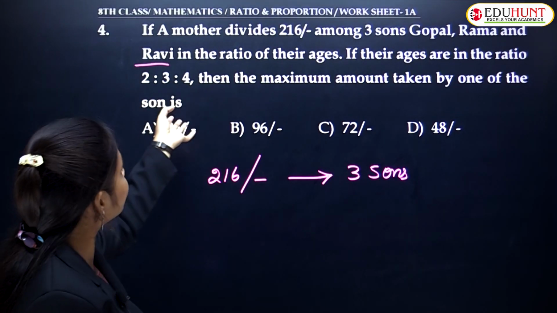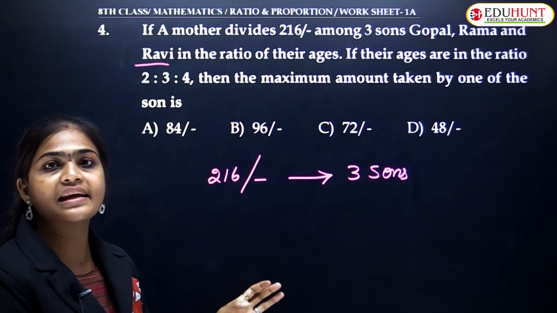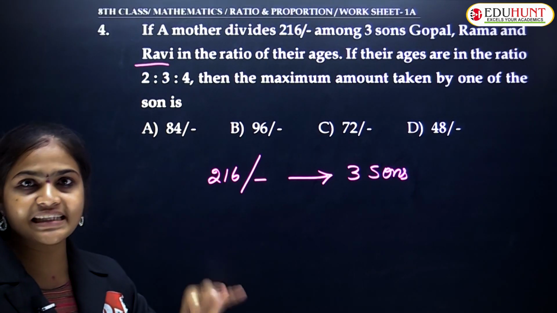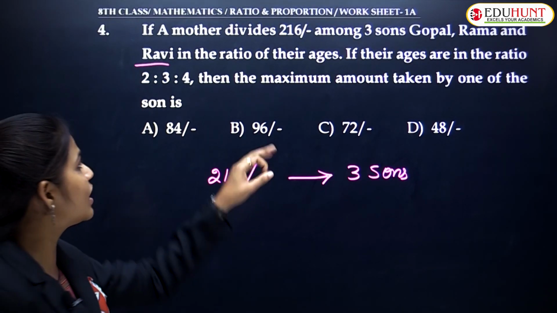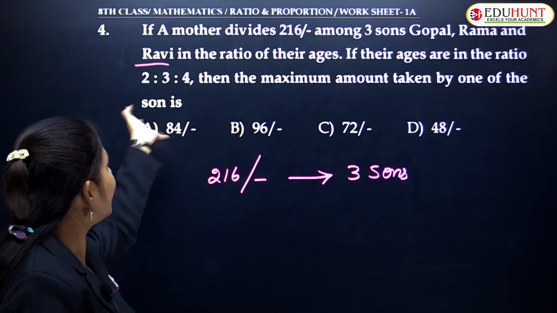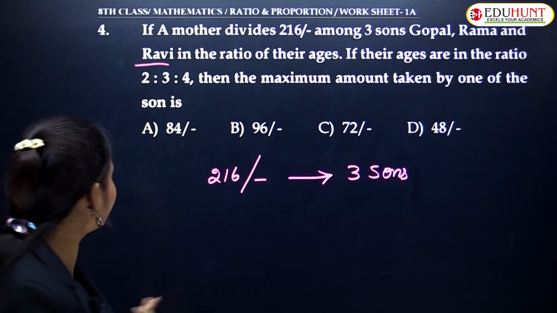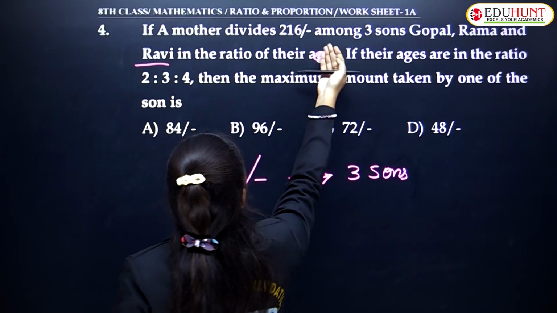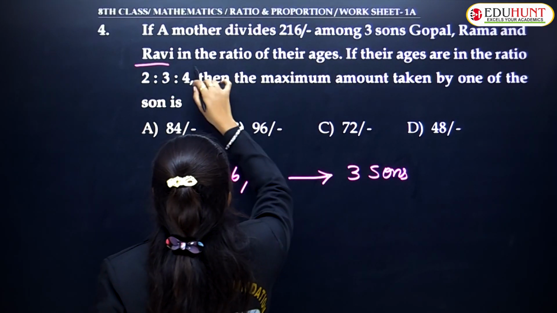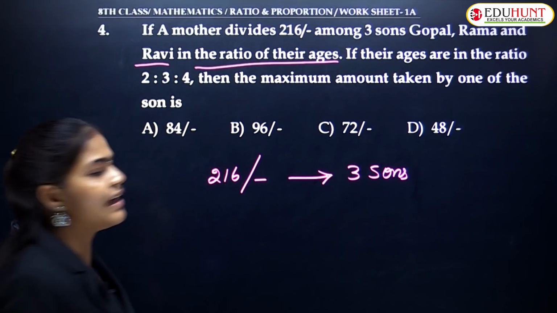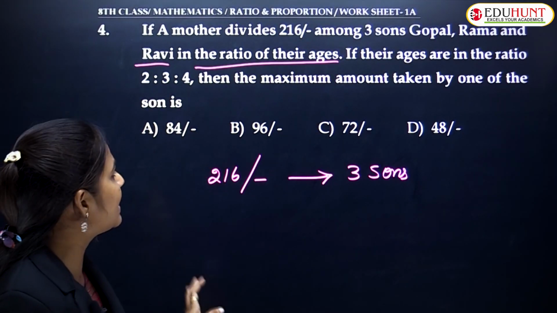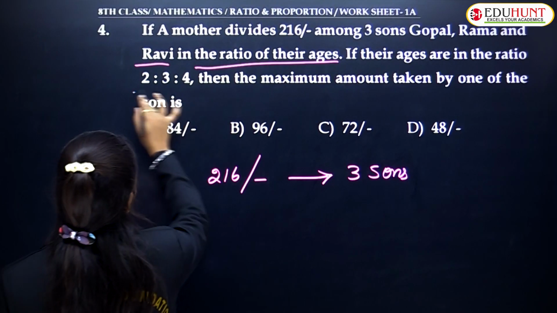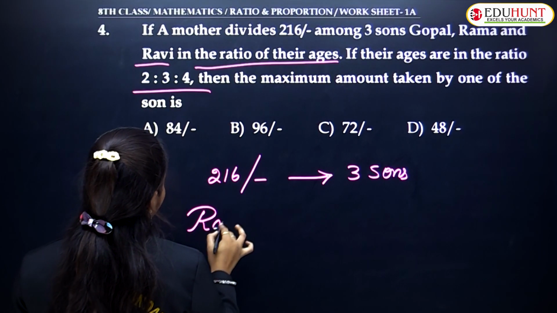One mother divides 216 rupees among her 3 children, Gopal, Rama and Ravi, in the ratio of their ages. If their ages are in the ratio 2:3:4, what is the ratio given here?